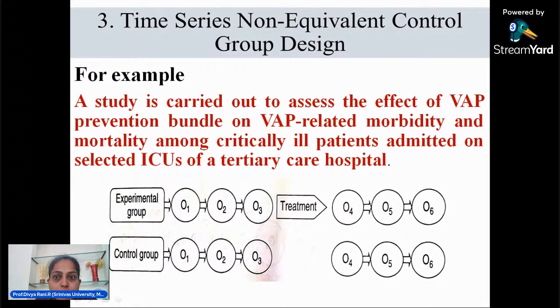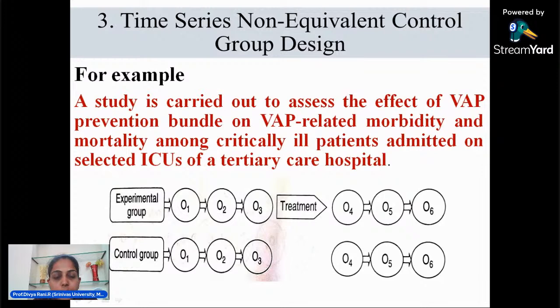Now there is a given example: effect of the ventilator-associated pneumonia prevention bundle on ventilator-associated pneumonia-related morbidity and mortality among critically ill patients admitted in selected ICUs of a tertiary care hospital. So they are selecting an experimental group and a control group.